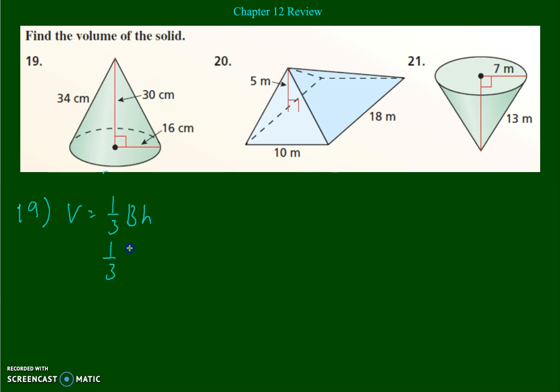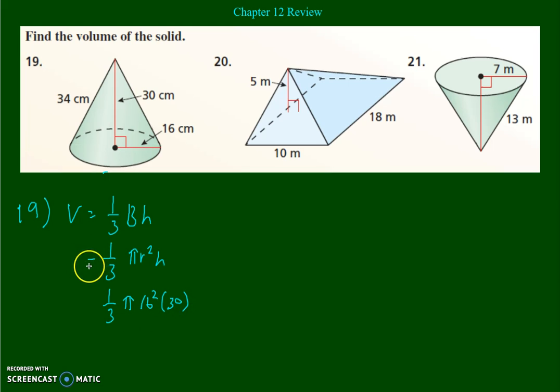This is 1/3, and it's going to be pi r squared times the height, which is pi 16 squared times 30.